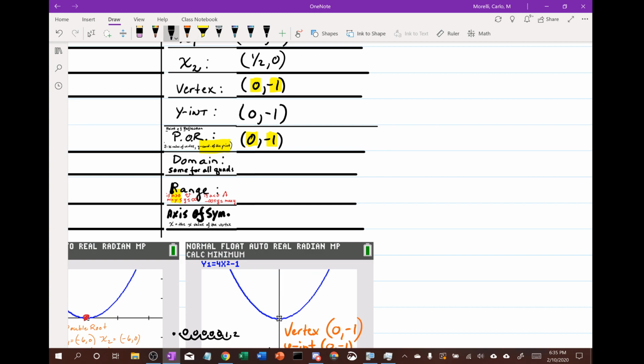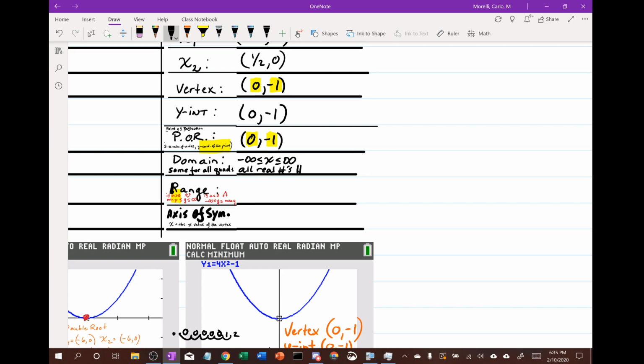Okay, the domain. What's the domain of a quadratic function? Jasmine, what'd you say? Negative infinity less than or equal to x less than or equal to infinity, or all real numbers.